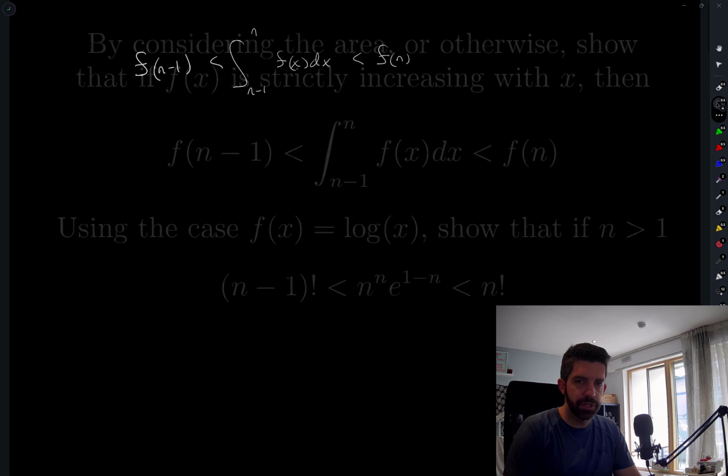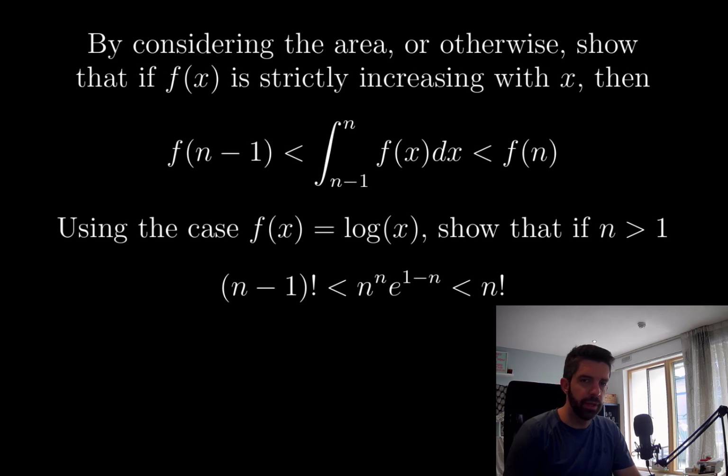And the follow-up question says, using the case f of x is equal to log of x, show that if n is greater than 1, then n minus 1 factorial is less than n to the n, e to the 1 minus n, which is less than n factorial.